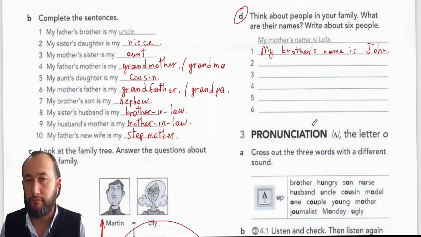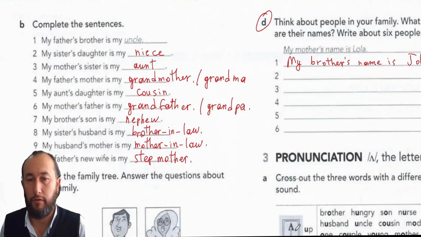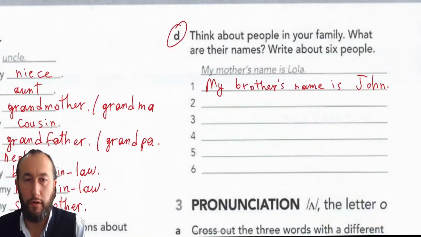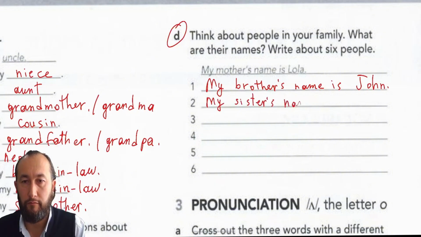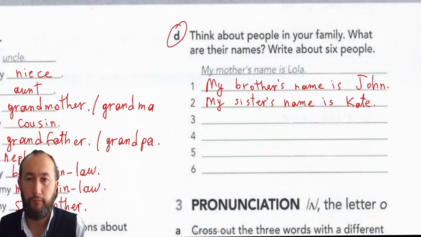So let's make it a little bit closer to us. Okay, that's better. Right. So my brother's name is John. My sister's name is Kate, for example. Right.